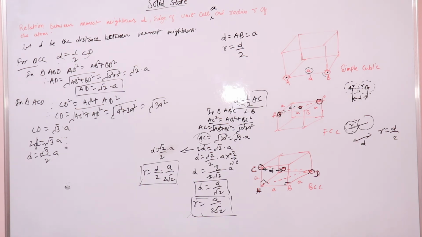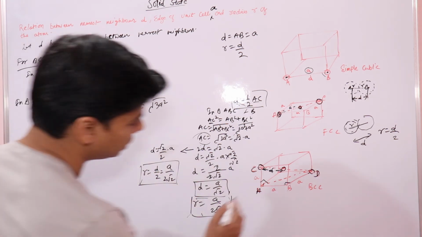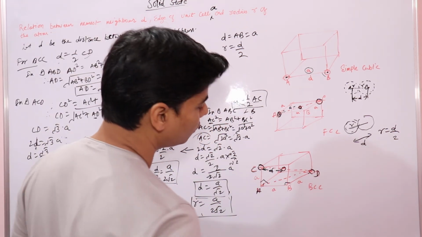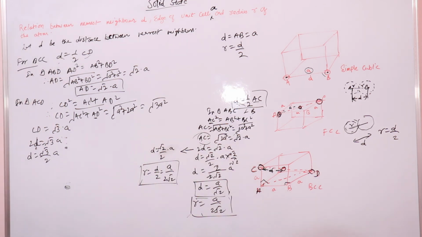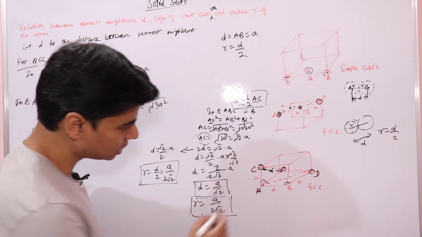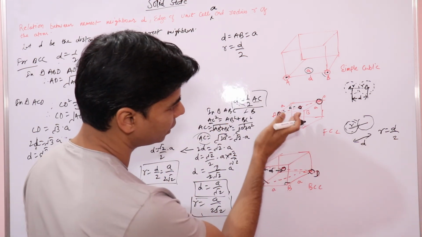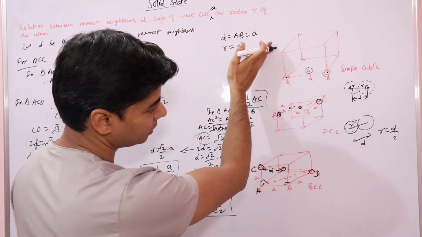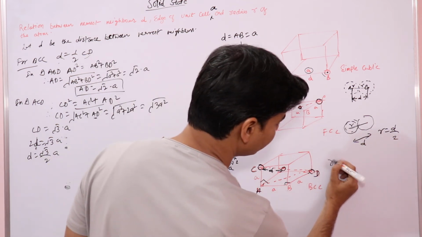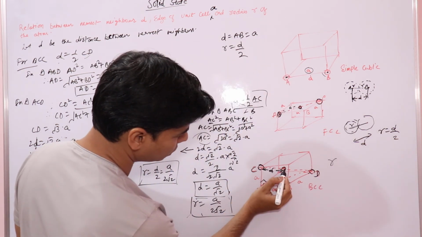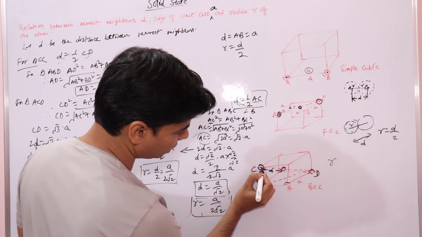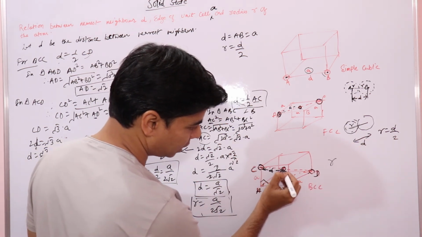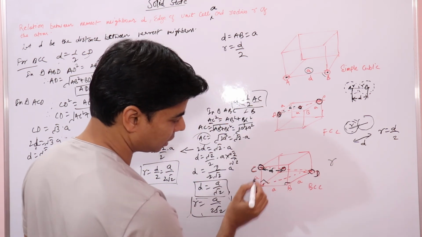And we know that r, whenever you want to find the value of r, whether you look here or here, if you look at these two circles, r is the radius of this particle and r is the radius of this particle, right?